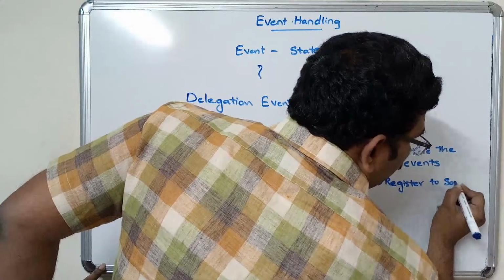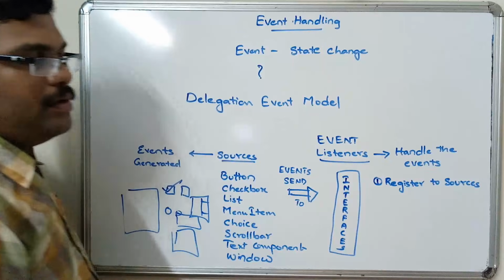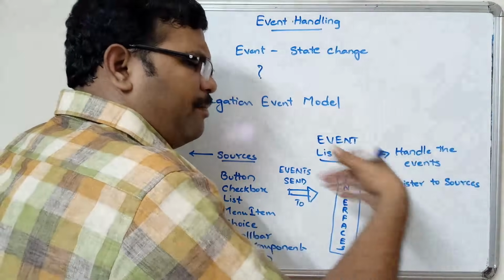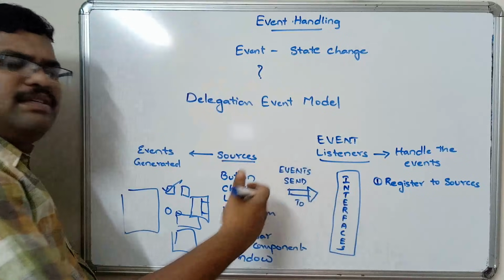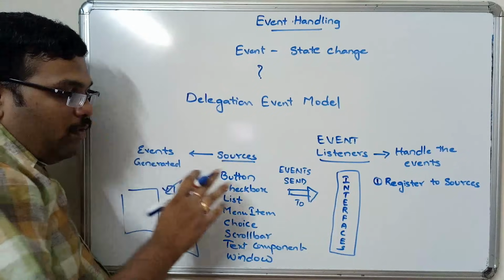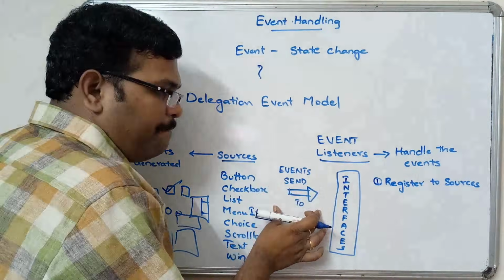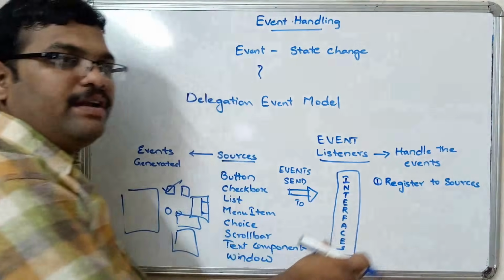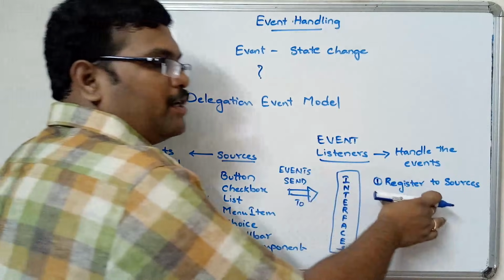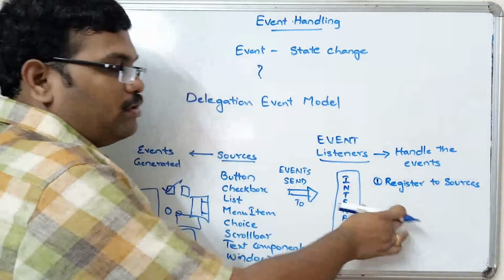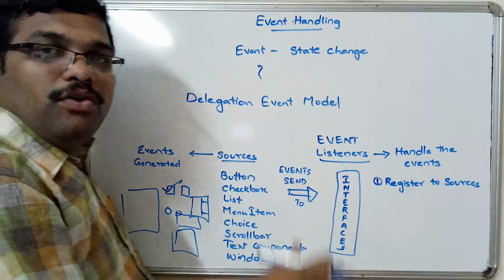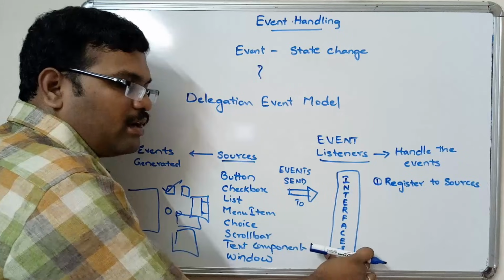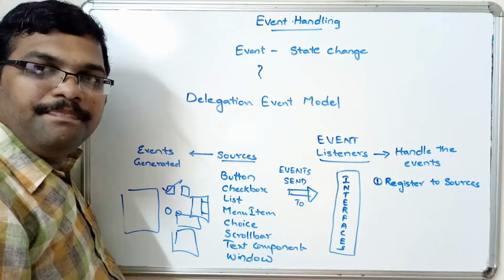Now, for handling these events, first of all, these listeners should register to sources, right? Multiple listeners can register to the sources. Okay, so whenever an event is generated, that particular listener will be activated, and this event will be passed on to that listener, so that the listener will execute or handle that particular event with the help of the corresponding interface, right?